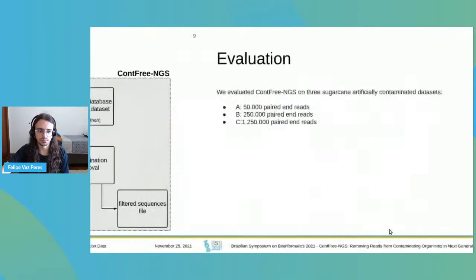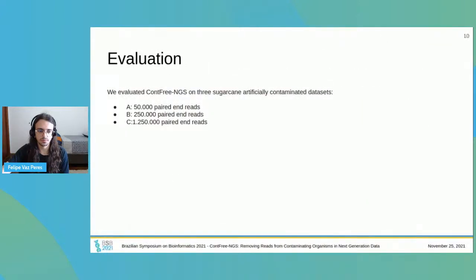To evaluate ContFree-NGS, we ran it against 3 sugarcane artificially contaminated datasets. So dataset A contains 50,000 reads, dataset B contains 250,000 reads, and dataset C contains 1,250,000 paired-end reads.